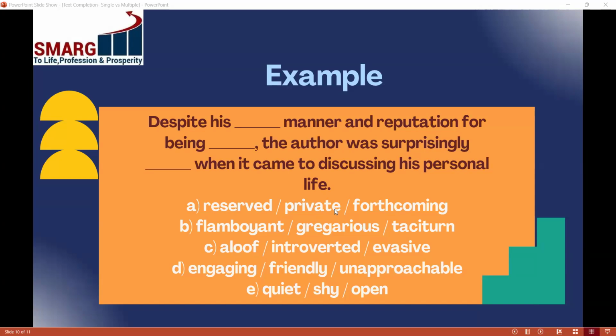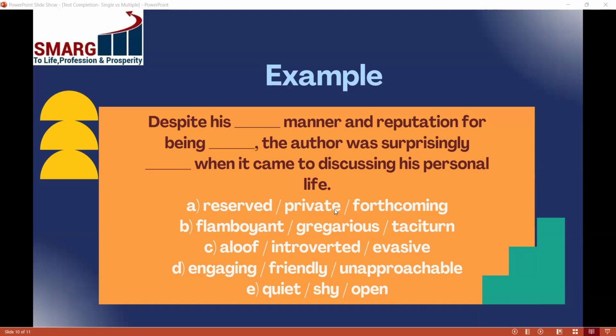Even if I fit these words here, are these three words doing justice to how the entire sentence has been constructed? No, because the sentence has an elevated writing style.